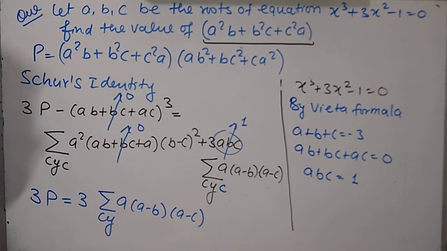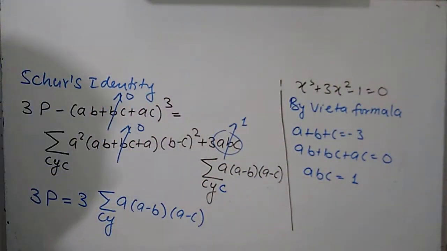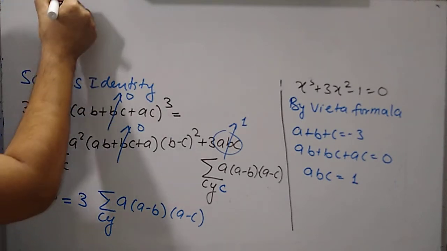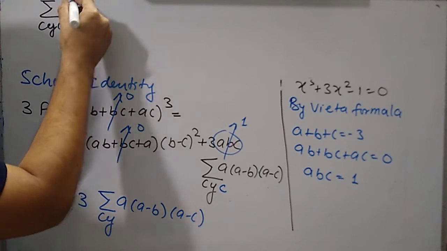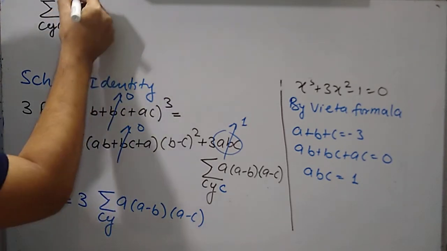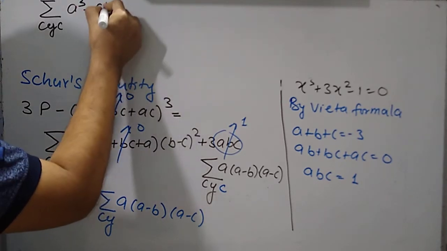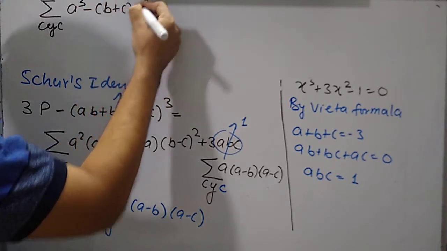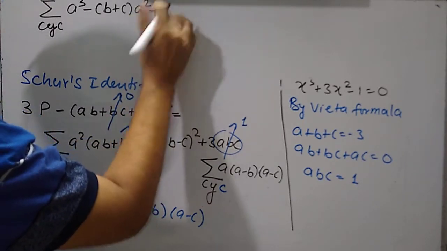Now we have to determine this cyclic summation. So we have to determine sigma cyclic of a cube minus (b plus c) times (a square plus bc) plus abc.